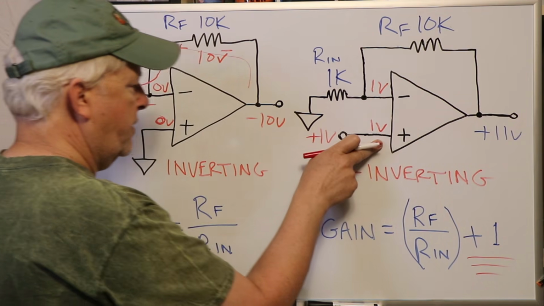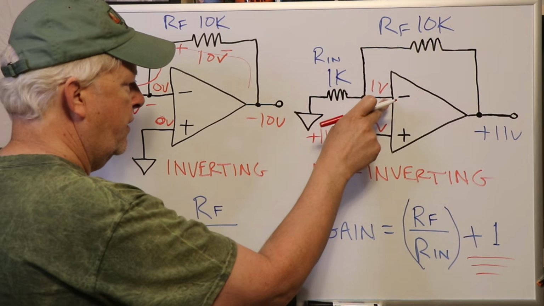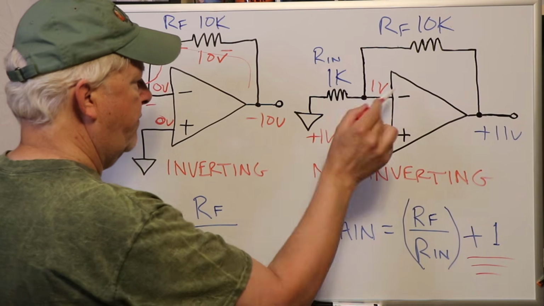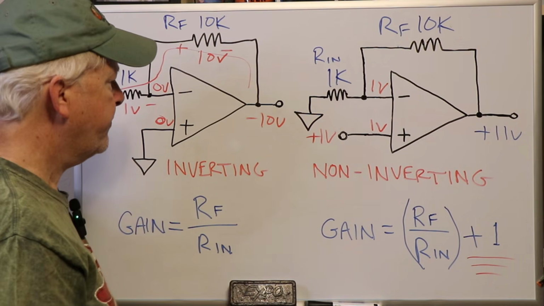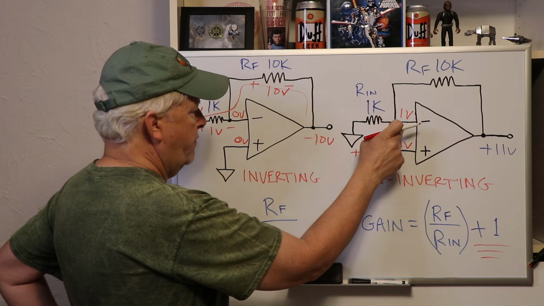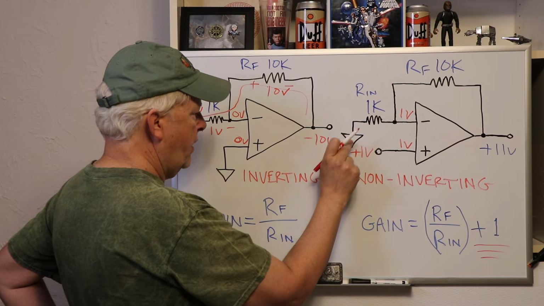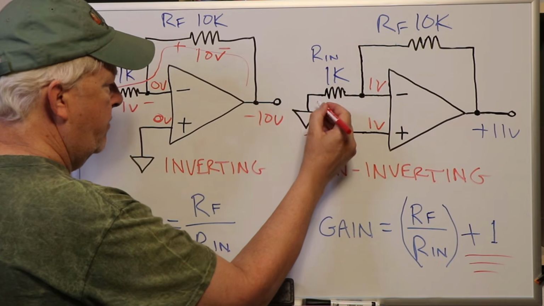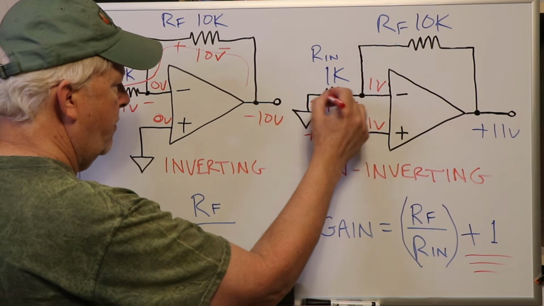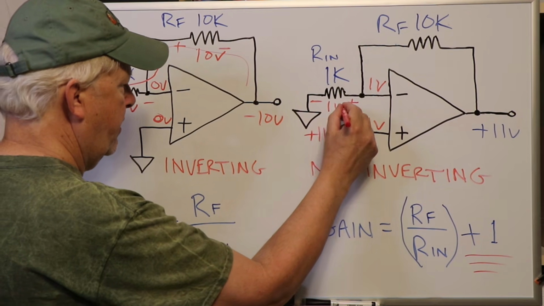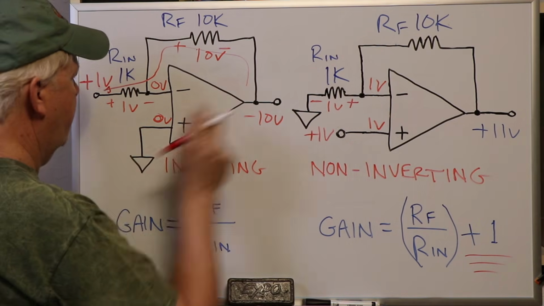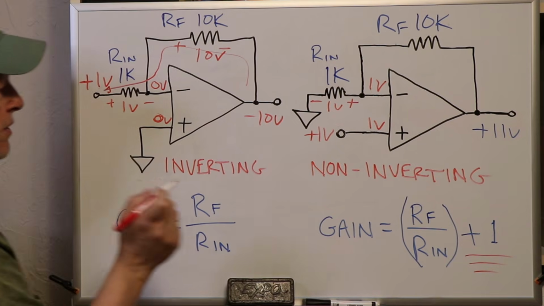If 1 volt's present on the non-inverting pin, it has to be present on the inverting input because we have negative feedback. And now again, we've got 1 volt here. Our ground reference is here. So that means we have 1 volt applied in this polarity. Notice how that polarity is opposite now from the inverting circuit.